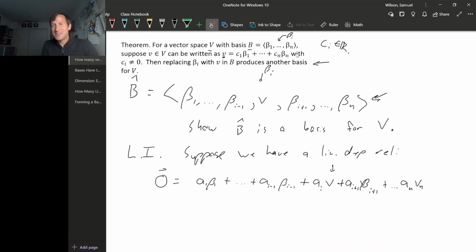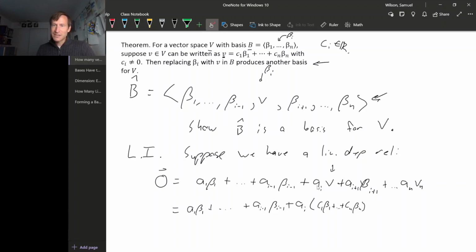Well, we know that V is given by this linear combination of the betas. So we can rewrite the right-hand side: a1 beta 1 plus dot dot dot, down to a sub i minus 1 beta sub i minus 1, plus a sub i times, and then replace V with this thing, so c1 beta 1 plus dot dot dot down to cn beta n.